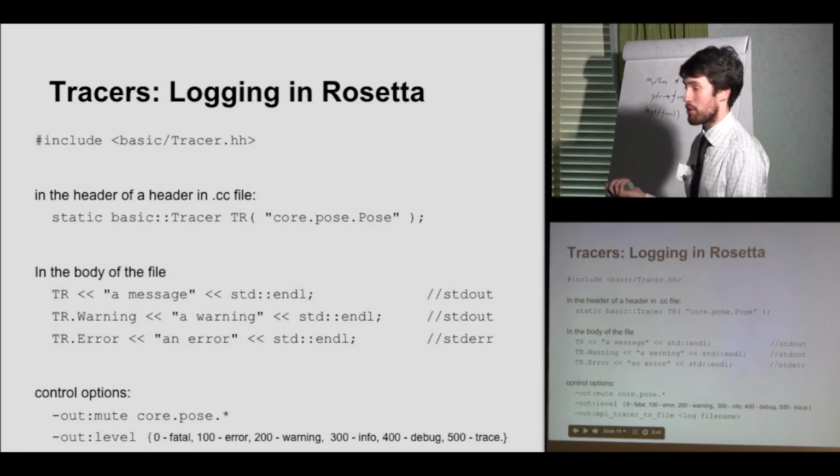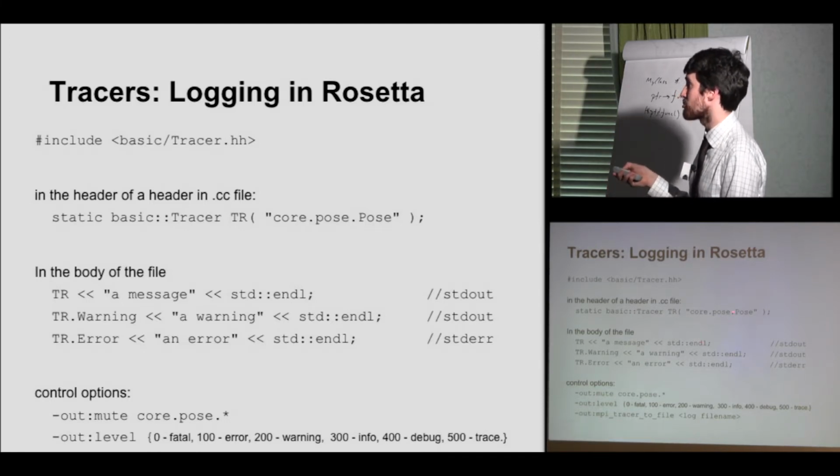So this is the one for pose, in core.pose.Pose with a capital P. Then throughout the body of the CC file, you can do tr and then the stream operator, a message, and std::endl. When it gets to that point, it'll behave like cout, except if you've controlled it through the option system, where say you've muted it, or you're running it through MPI, then it will get put to a separate log file.